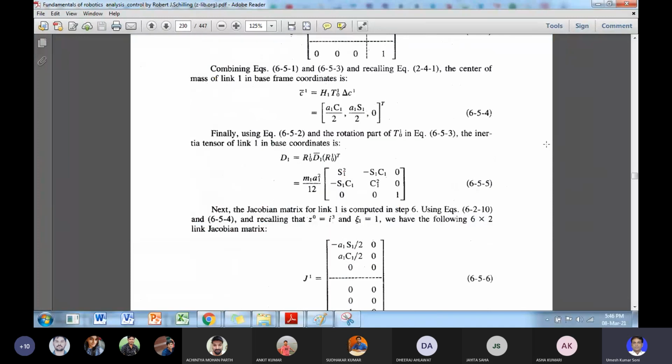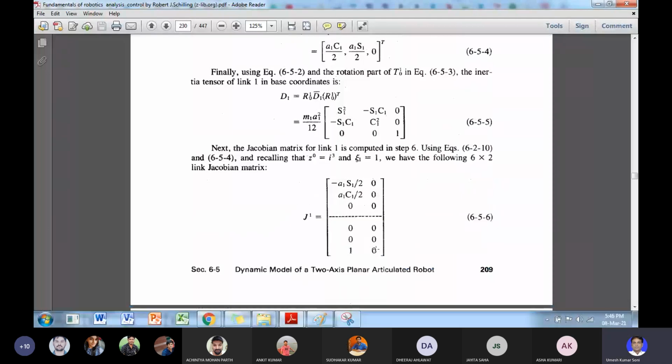how you determine the Jacobian. You take the derivative of this with respect to theta1, so you will get the first row, first column, and you take the derivative with respect to theta2. Okay, so you will get the second column. Okay, and here what is this term?